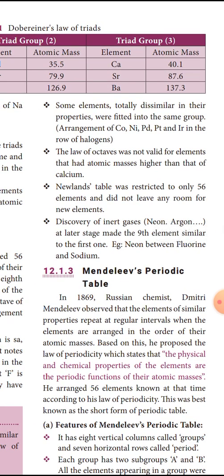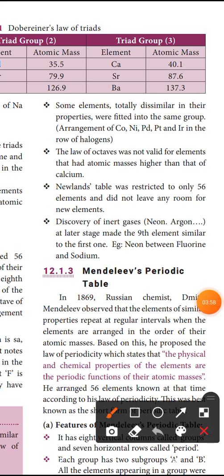The atomic mass of calcium is 40. So the law of octaves was not valid for elements with atomic masses higher than that of calcium; this law was not applicable for values higher than that of calcium.